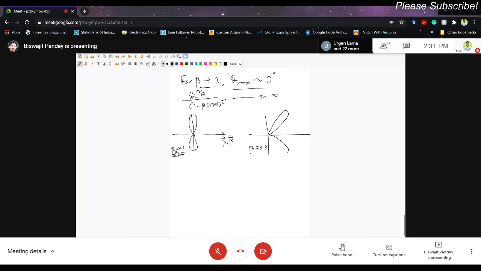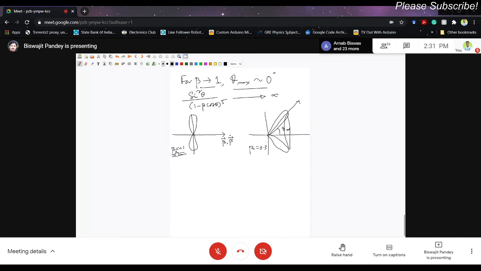Again, this is not the actual picture. This is actually a cone. In 3 dimensions, it is actually a cone, right? I'm just drawing the cross section. It is conical because if you consider x, y, and z, all possible directions, it will be like a cone, right? So maximum power is emitted along this direction. This is theta max.